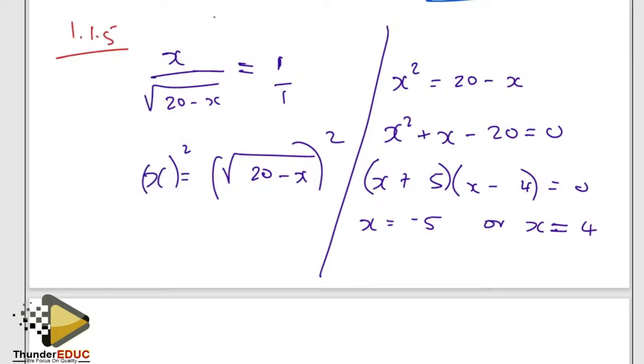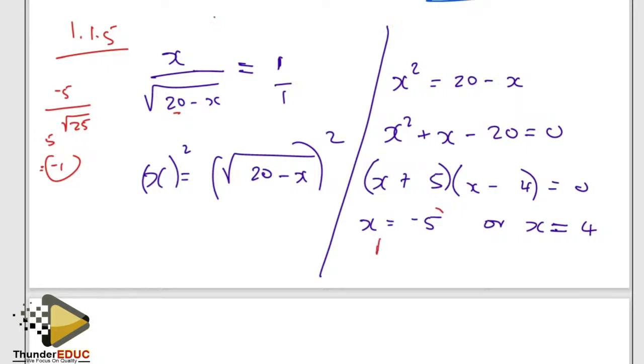So if I use negative 5, because testing is done using the original expression, I'll have a negative 5 over, I have 20 minus negative 5, which is going to give me 25. So we know that the square root of 25 is going to be 5. When you simplify that, you're going to get a negative 1. In this case, we have a positive 1.